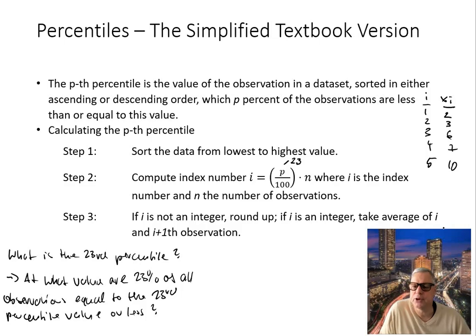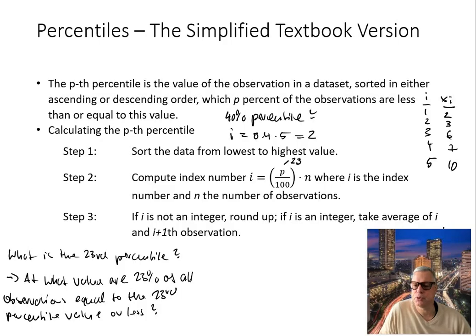So now let's say you want to know the 40th percentile. Okay, so now the index number would be I equals 0.4 times 5, which is 2.